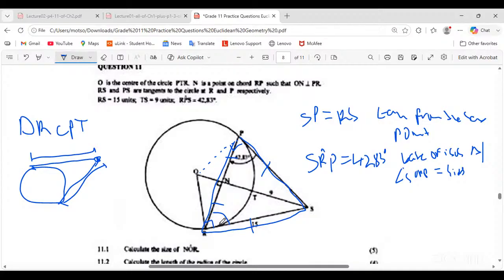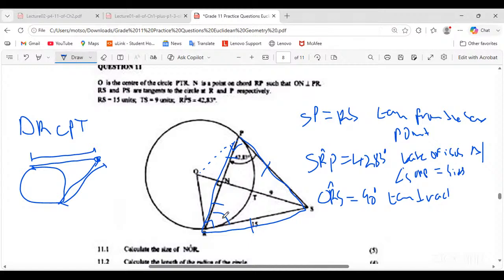Now we can have ORS. We mentioned that this is 90 degrees. ORS, the angle at R, is equal to 90 degrees. Why? Because a tangent is perpendicular to a radius. Now we want NOR. Now we will have to find this angle here, right? How? We have this one.